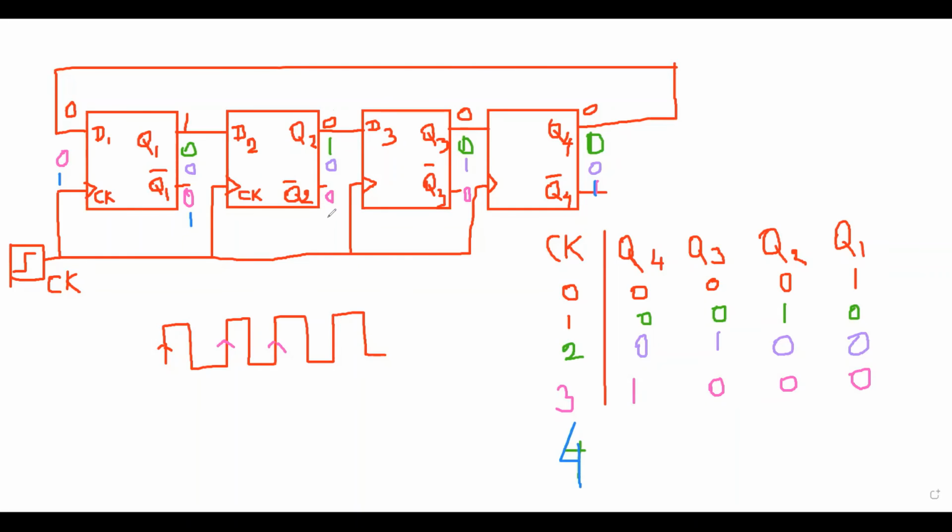So here we can get 0, then this 0 will move to the output for the third flip-flop, then this 0 will move to the output for the fourth flip-flop. So here we can get 1 for Q1, then others are 0.